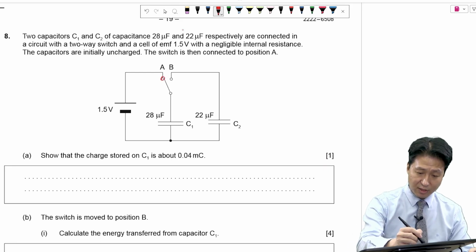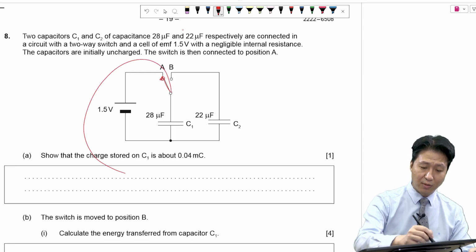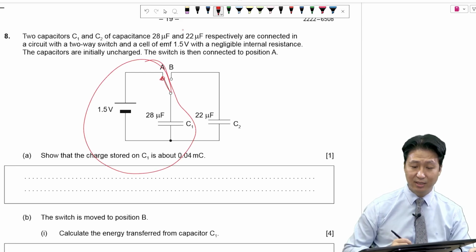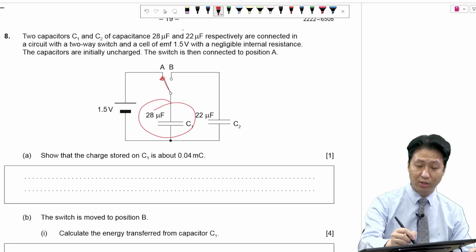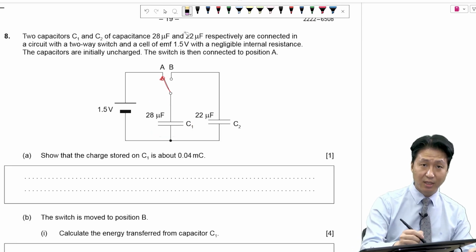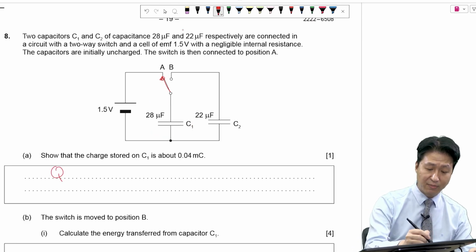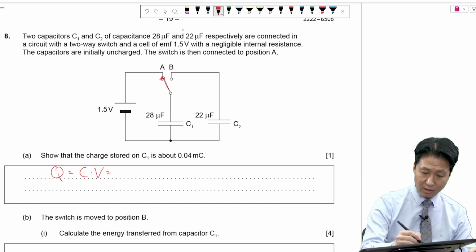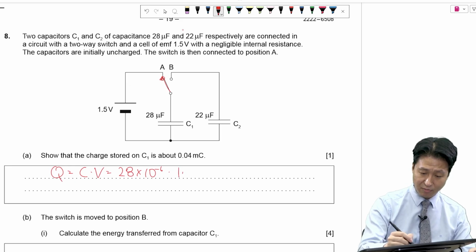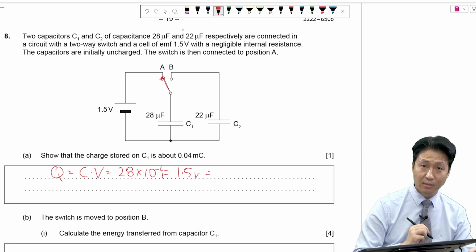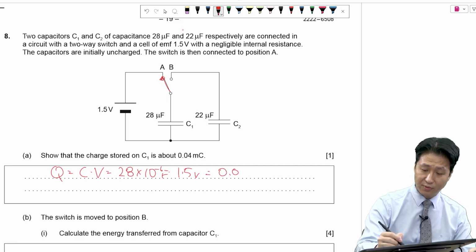First, if you are connected like so, only this one capacitor is actually connected, and only this one capacitor will charge. So we're going to use the charge in the capacitor is equal to capacitance times the voltage, which is 28 times 10 to the negative 6 farads times 1.5 volts.